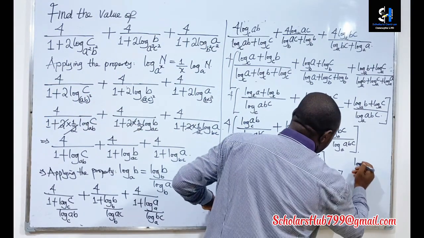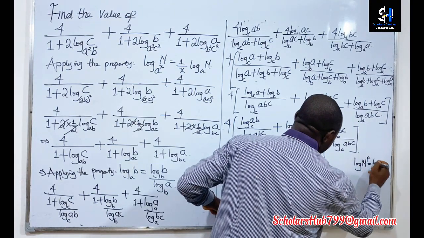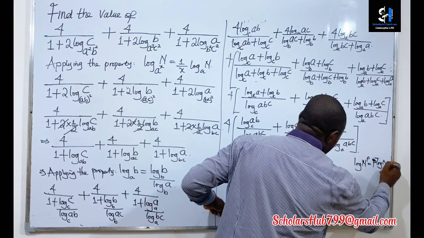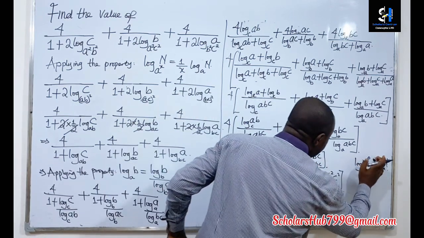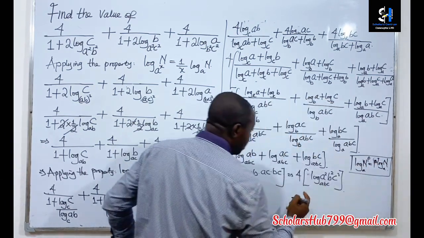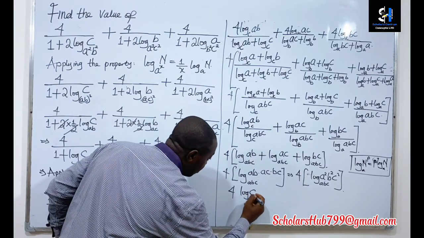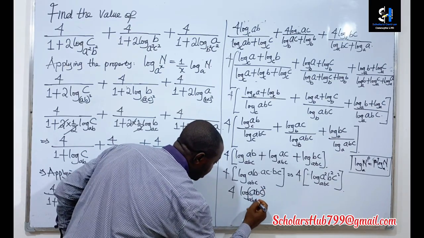That is, the logarithm of the pth power of n becomes p times the logarithm of that number, say with base a. So we apply this property, and this becomes 4 times the logarithm of ABC raised to the power of 2 to base ABC.